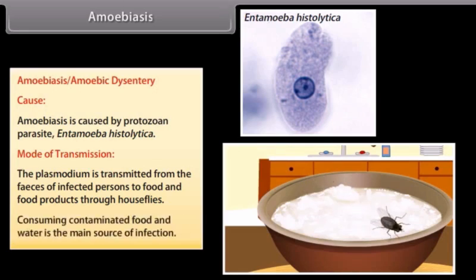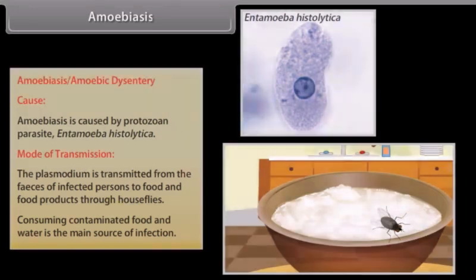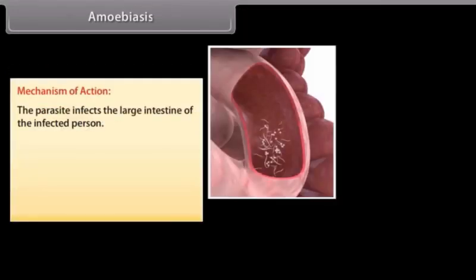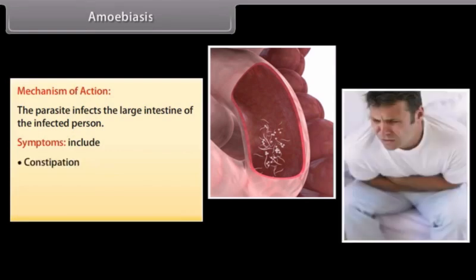Consuming contaminated food and water is the main source of infection. Mechanism of action. The parasite infects the large intestine of the infected person. Symptoms include constipation, abdominal pain and cramps, stool with mucus and blood.